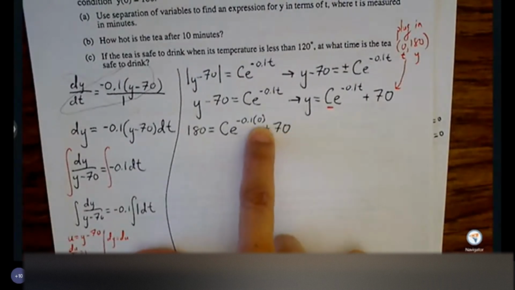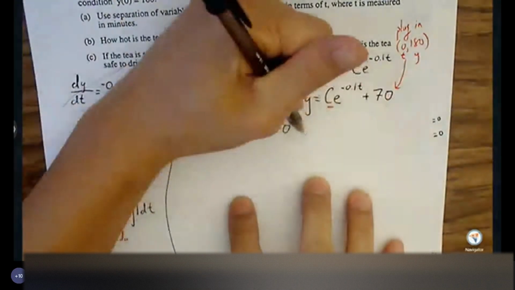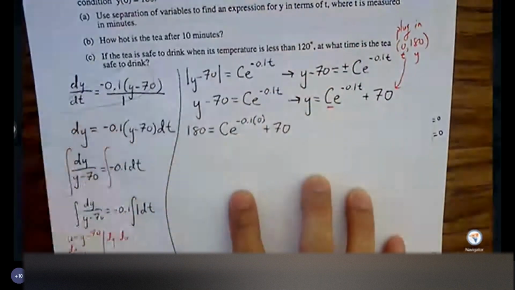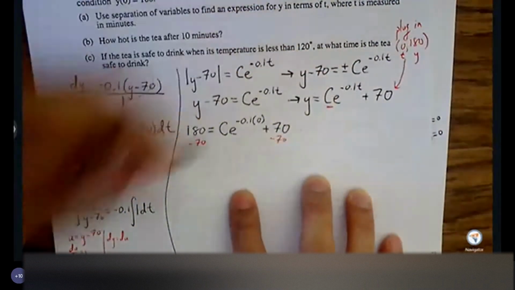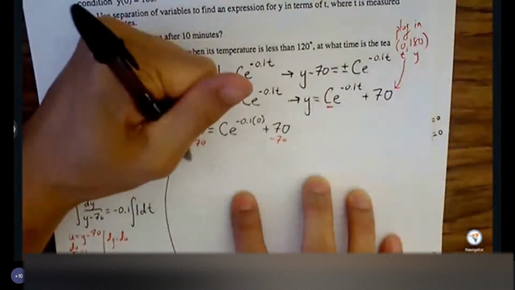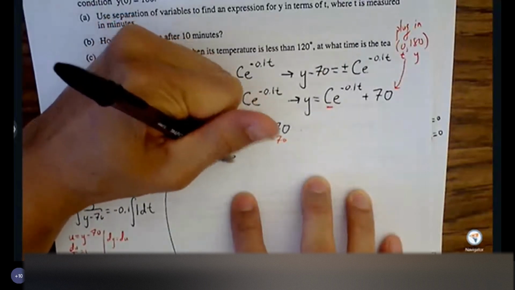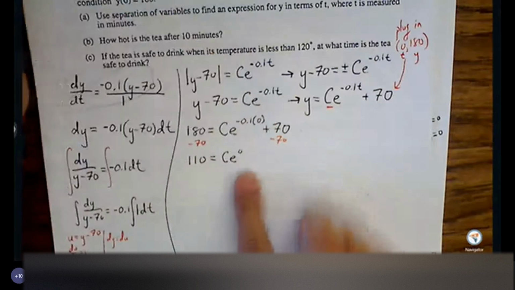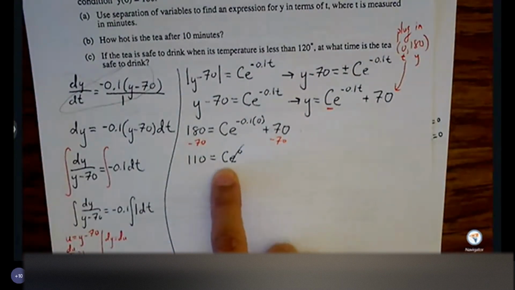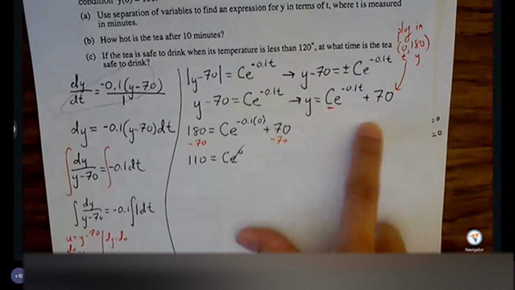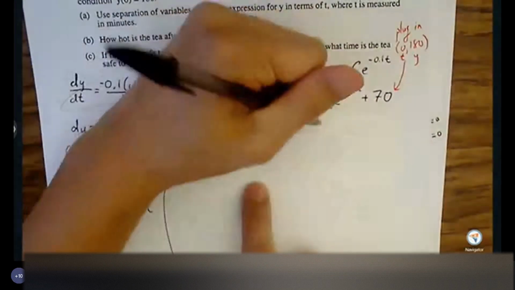And then e to the 0 is 1, so that's going to disappear. Okay, so that goes away. C is equal to 110. Once we have that 110, we can go ahead and update our general equation and move it to our specific solution.